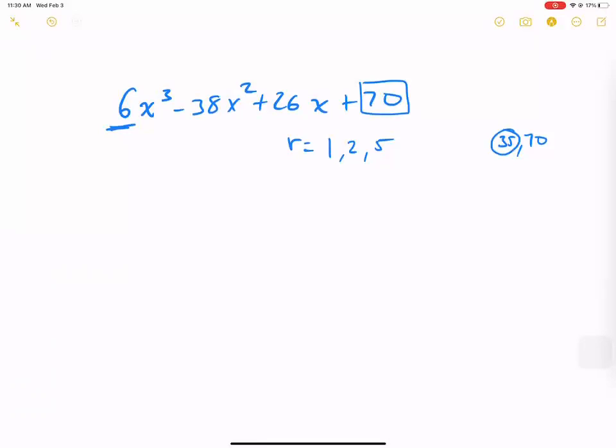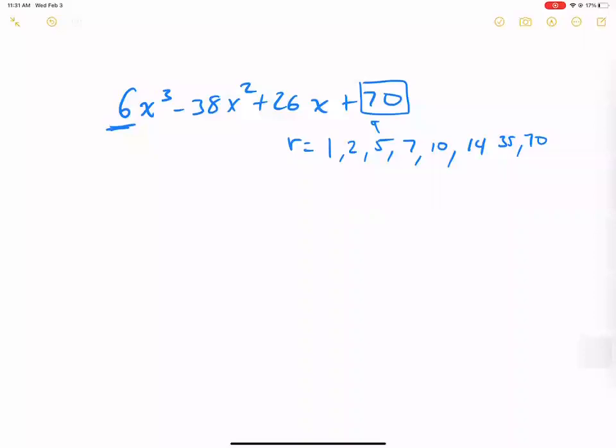I know 5 times 7 is 35, or you can just straight divide. 5 goes into 7 once, left over 2, so 5 goes into 20 4 times, so that's going to be 14. And we know 7 and 10. Oh my goodness, there are so many possibilities for this problem.